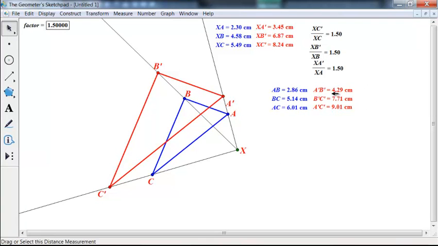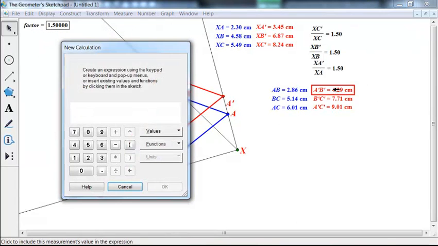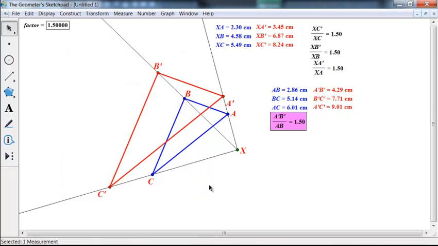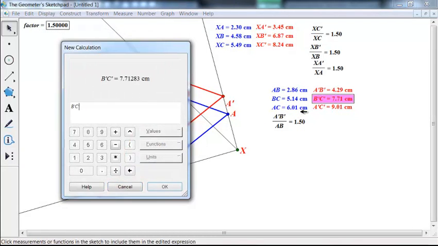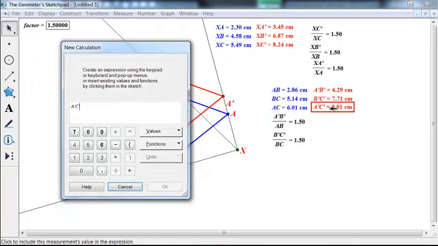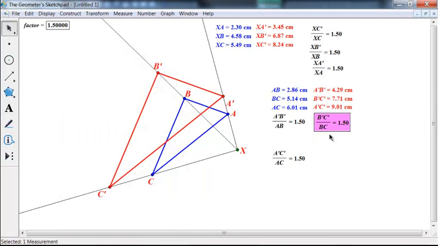And once again, look what happens when we divide the red by the corresponding blue, and do the same thing here. These are the ratios of corresponding sides, and in fact they're all the same as the scale factor as well.